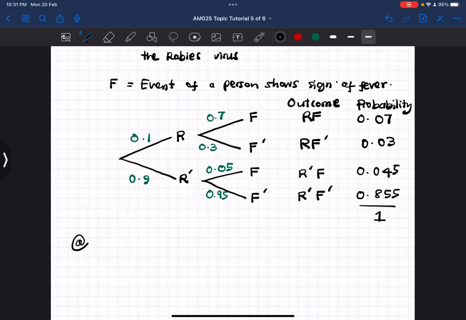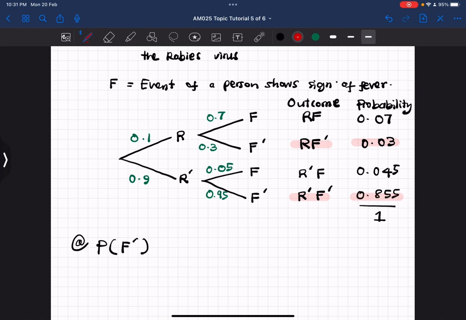So we are looking for the probability of the complement of F. As we can see here, does not show any signs of fever is R and the complement of F, which is 0.03, and the complement of R and the complement of F, which is 0.855.